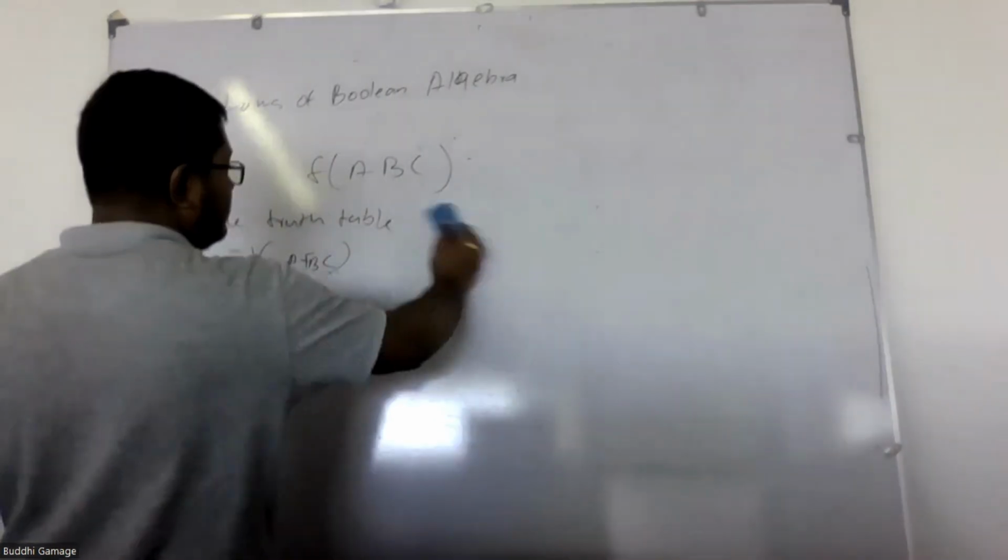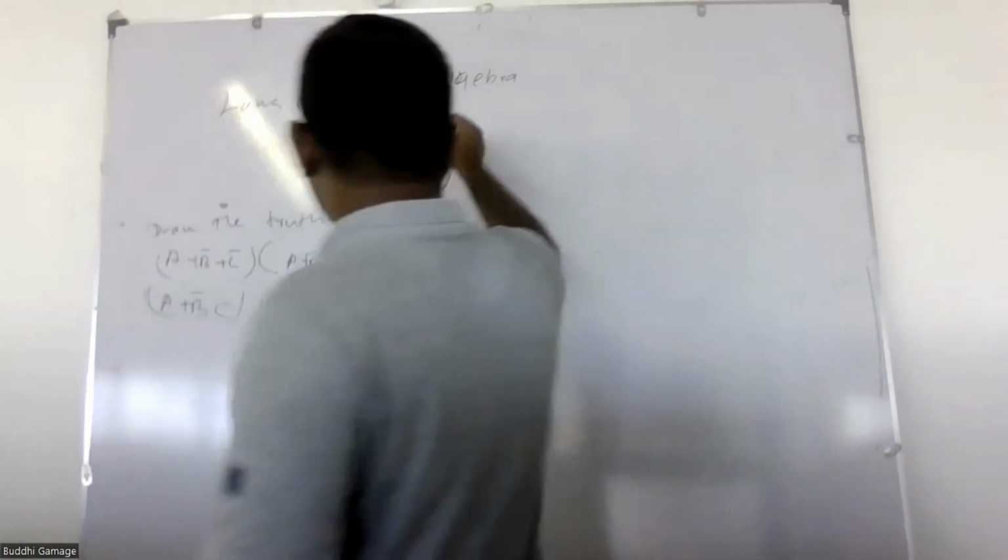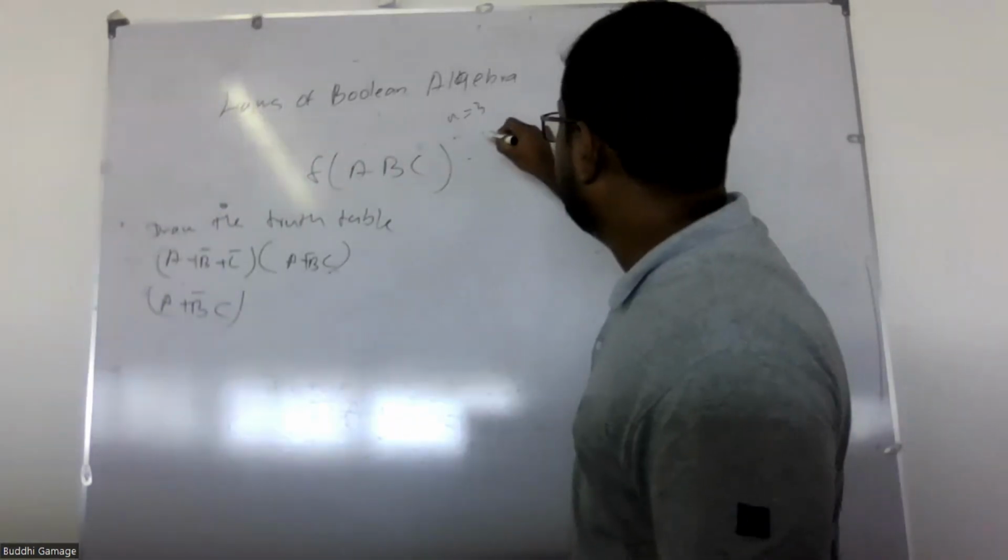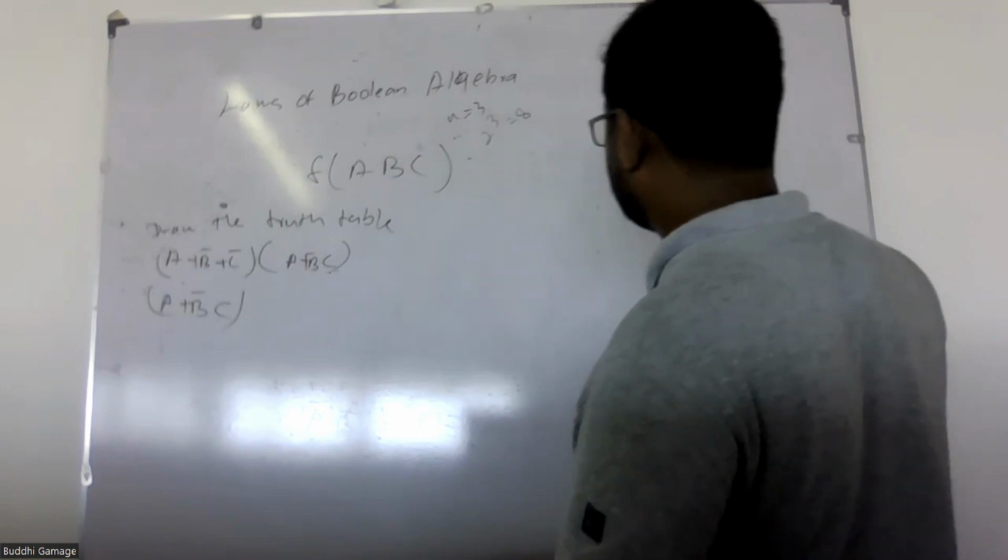So how can we draw the truth table? There are 3 inputs, so 2 to the power 3 is 8. So there should be 8 rows.